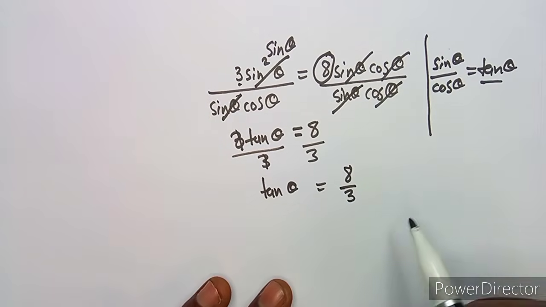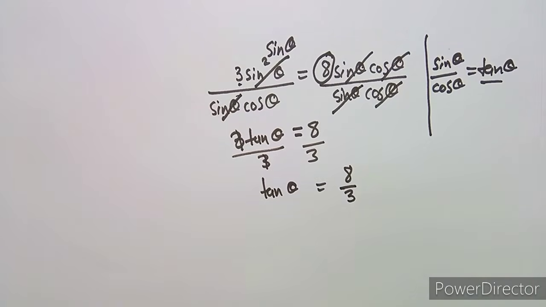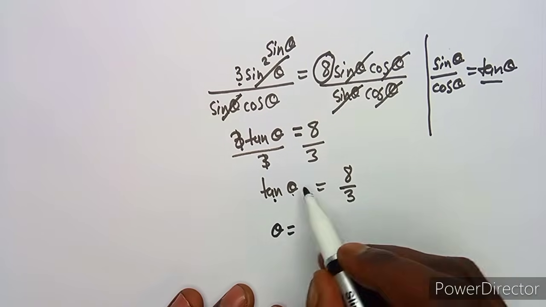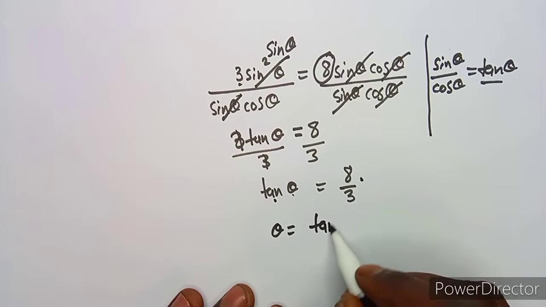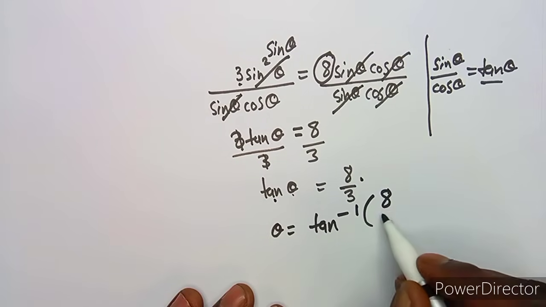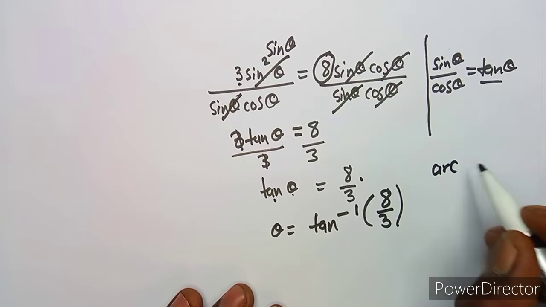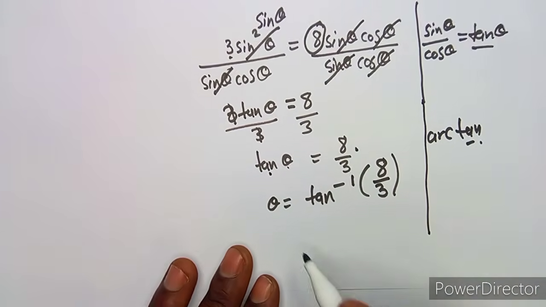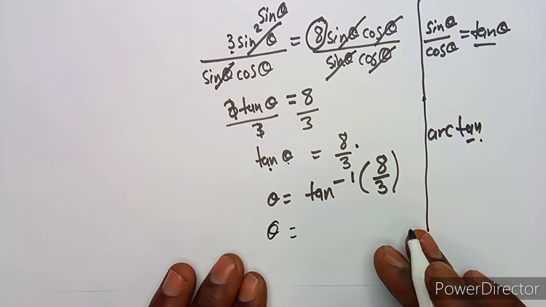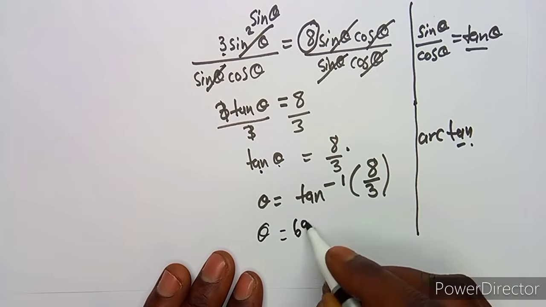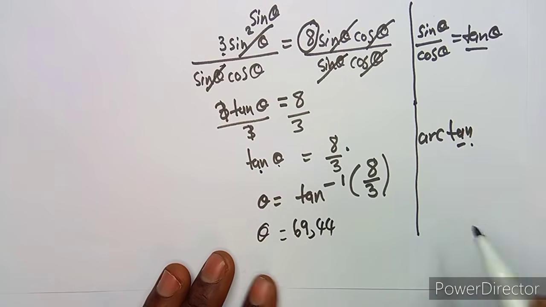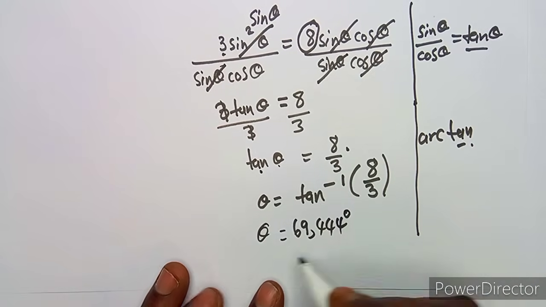Remember how you determine theta from sine theta, cos theta? It's arc tan, arc cos, arc sine. So we need theta from tan, so your theta is going to be arc tan of 8/3. From your calculator, that's shift tan, and you're going to obtain something like 69.44395, in degrees.